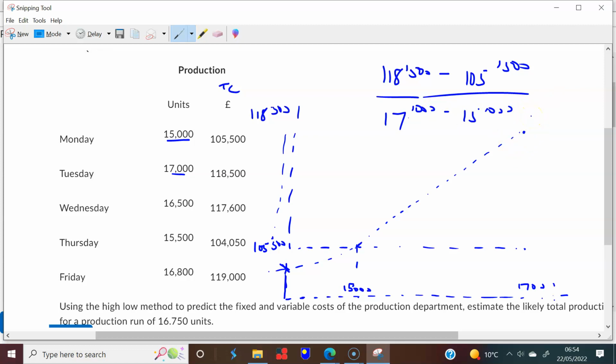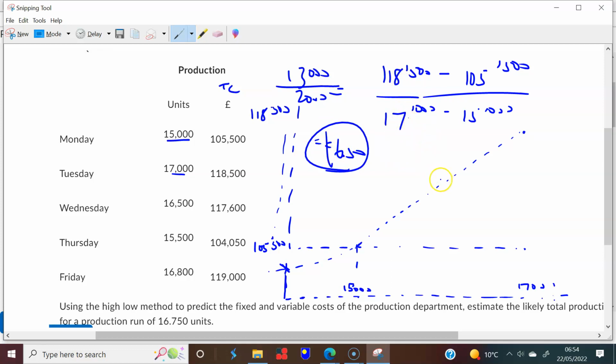And you will find that you get 118,500 minus 105,500, so this is 13,000 divided by 2,000, and that is £6.50. Right, so £6.50 is the value of your variable cost.